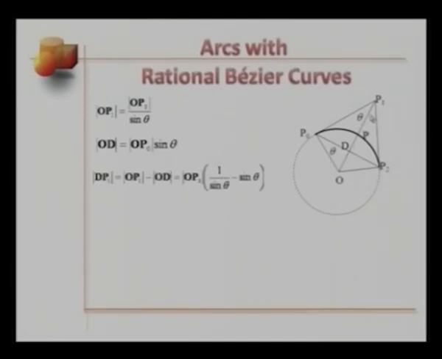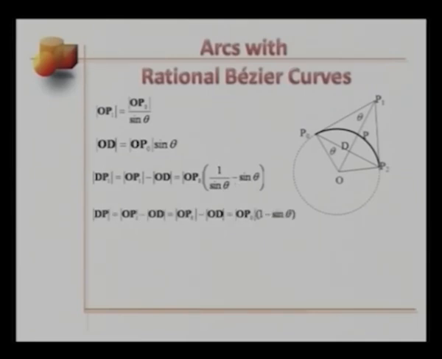DP1, which is this distance here, is equal to OP1 minus OD, which is equal to this term here minus this term here, taking the magnitude of OP0 common out. The remnant terms are 1 over sine theta minus sine theta.